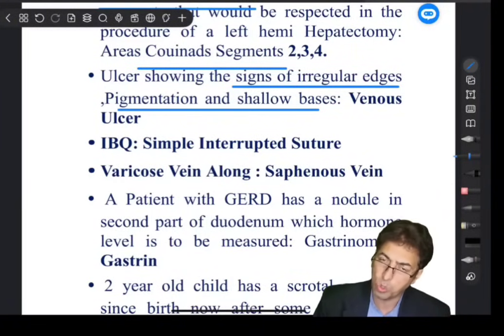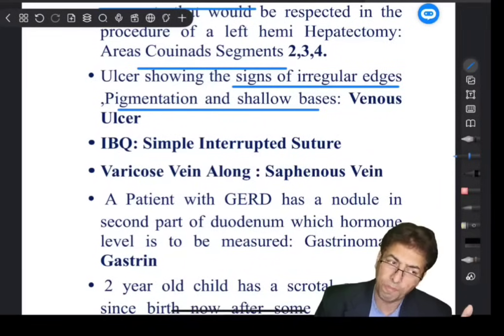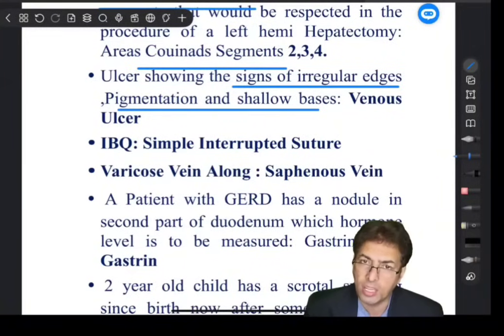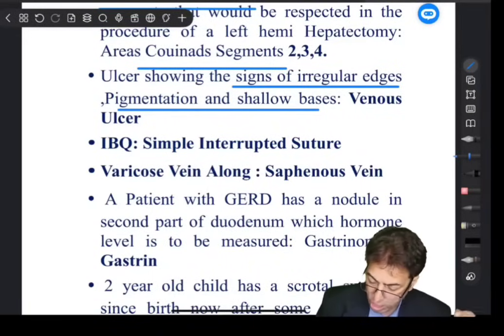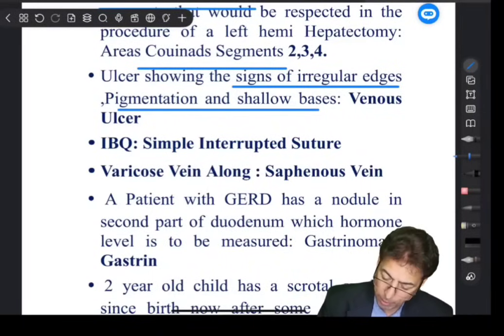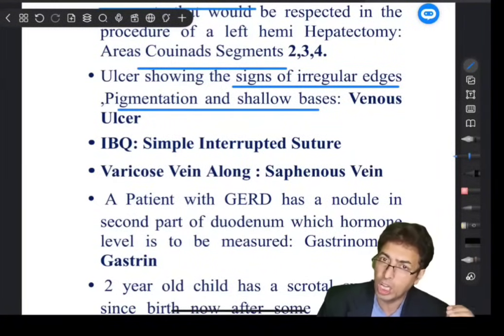The pressure sores, you have to differentiate between decubitus ulcers, the venous ulcers, and multiple other conditions which affect the skin. So as far as this venous ulcer is concerned, you have to remember that it has a shallow base, it might be pigmented, these edges are irregular and usually present within the vicinity of the lower limb at usually the pressure sites.